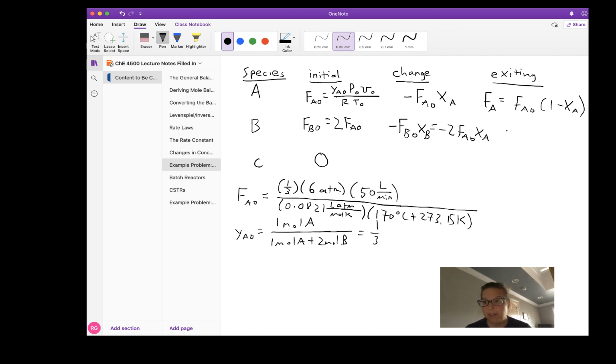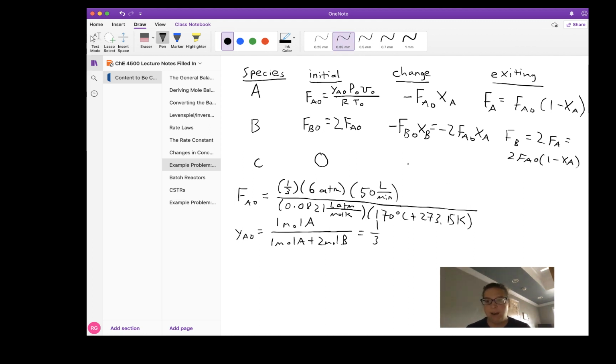And similarly, my amount exiting FB is going to be equal to 2 times FA, which equals 2 FA naught (1 minus XA). Now for component C. Component C and component A have a 1-to-1 stoichiometric ratio.